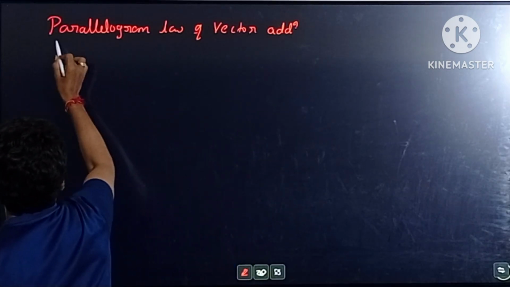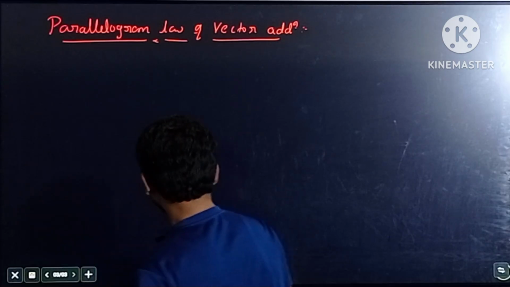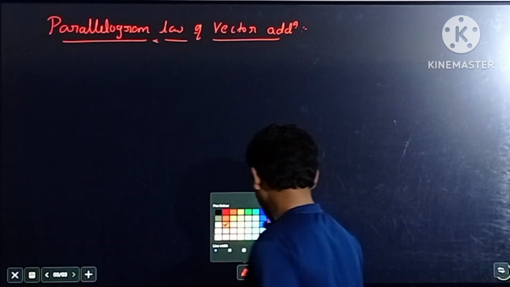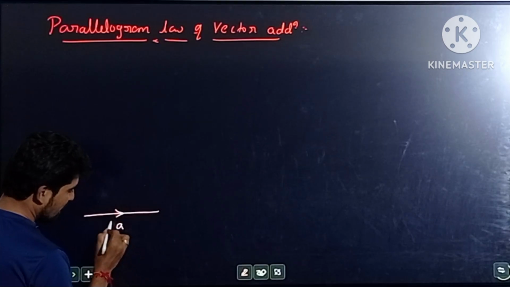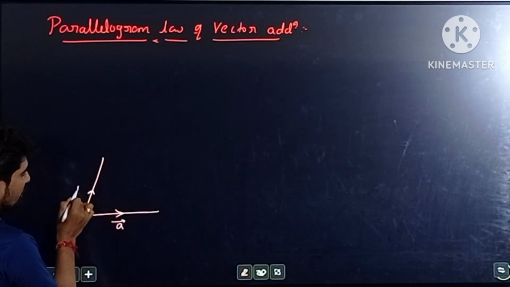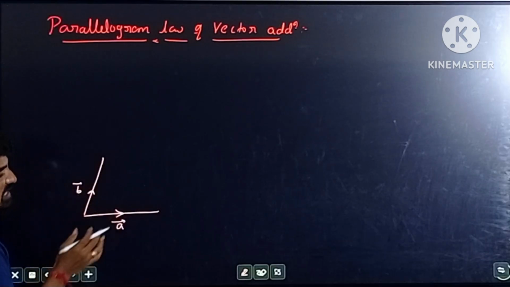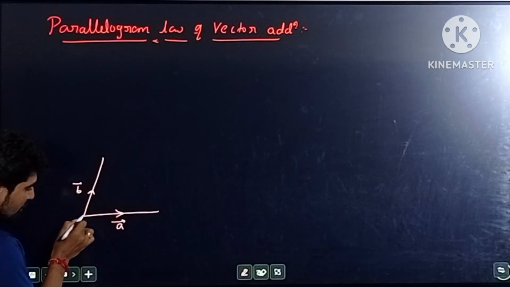See here what this parallelogram law of vector addition tells us. Let A vector and B vector be the two adjacent sides of the parallelogram which are initiated from the same point.